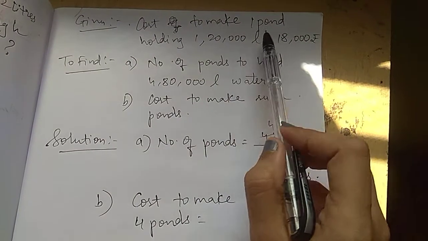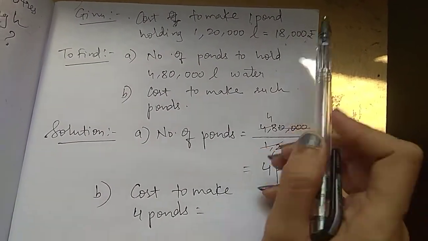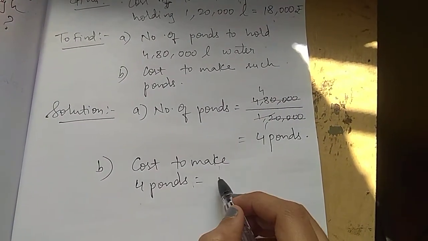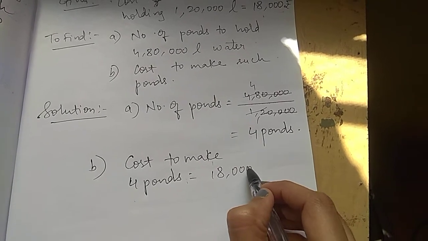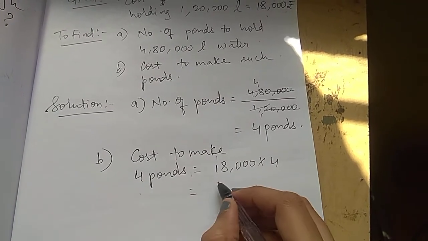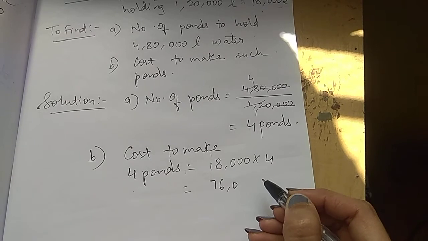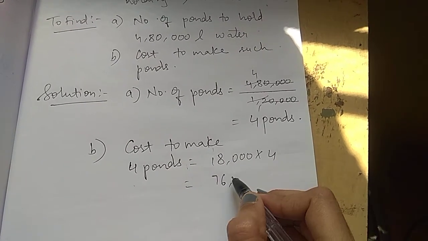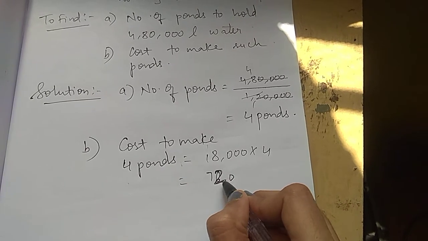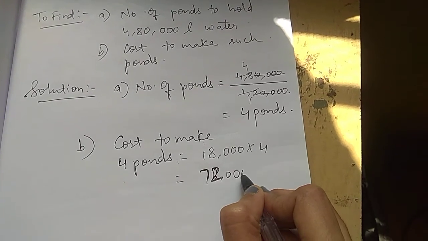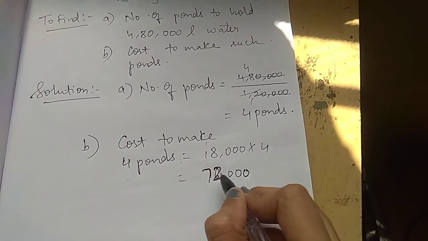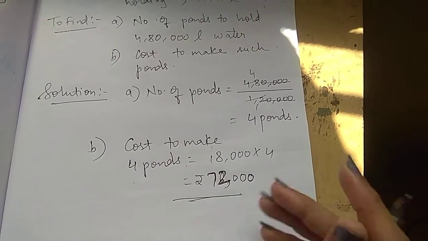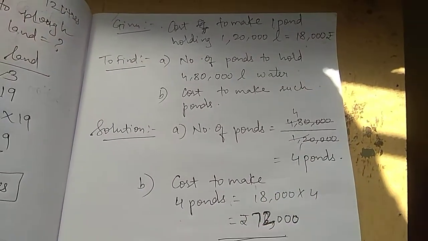So if 1 pond is costing 18,000, so 4 ponds will cost how much? 18,000 into 4, that is 72,000 rupees.